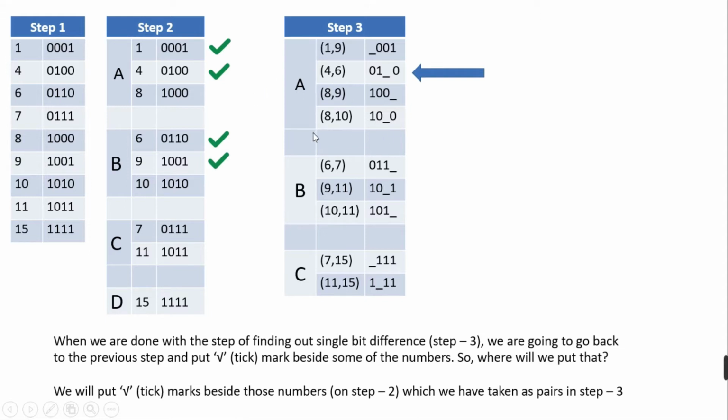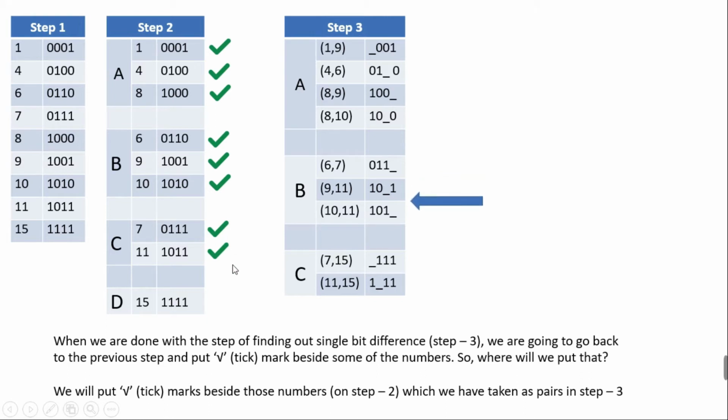So let's continue. So for 8 and 9, we have put tick marks on 8, and the 9 was already ticked, so we did not put another tick mark beside that because it was already done. Alright, so after that 8 and 10, yeah, so you can see that we have put tick marks on 10, and the same thing will be done for all other numbers.